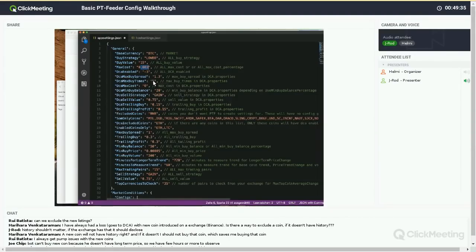Not every pair goes to DCA in the full range, but if you want to always be able to trade no matter what situation happens, you better be a bit careful here and leave at least a few coins so you could start trading again when the market gets better.